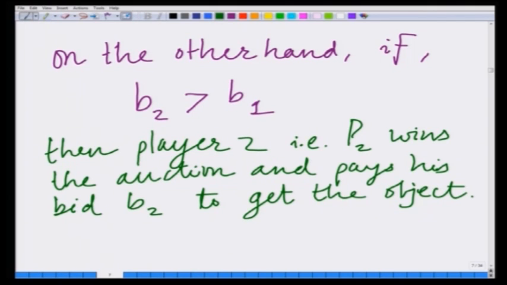That is, player 2 has bid higher than player 1, so player 2 gets the object and pays B2, and player 1, who has lost the auction, does not pay anything. So, this is known as the first price auction.